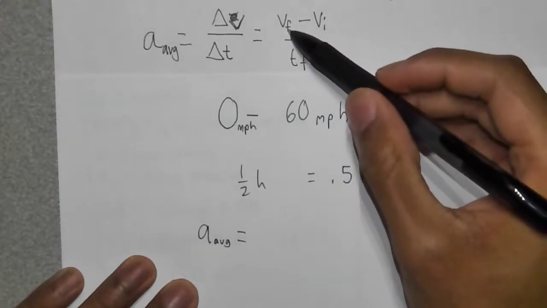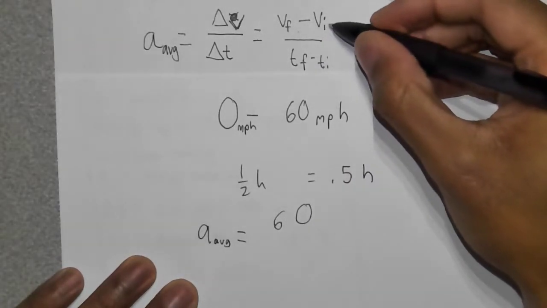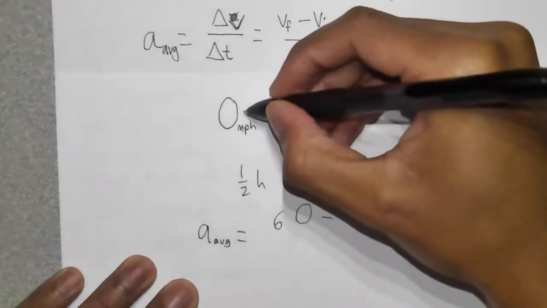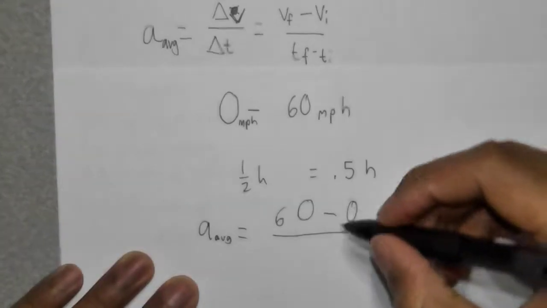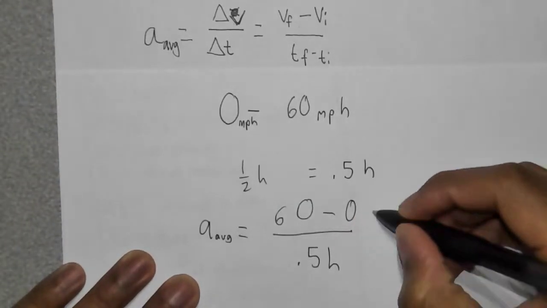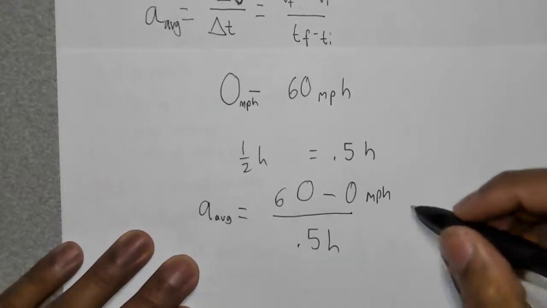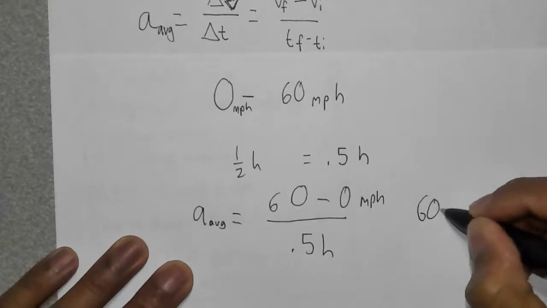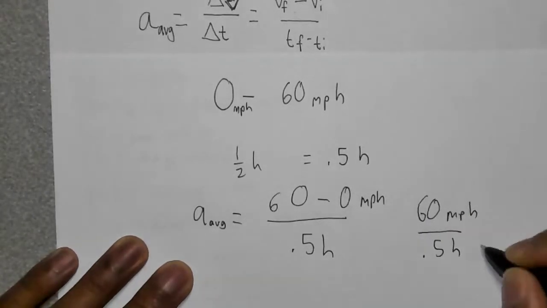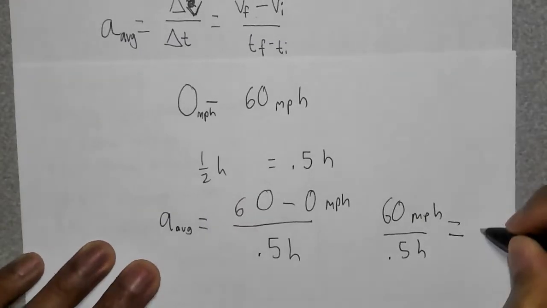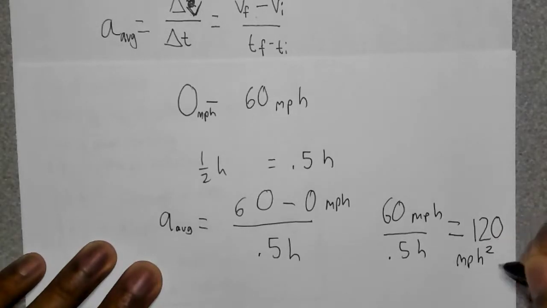So our final velocity was 60, minus initial velocity of 0, divided by change in time, 0.5 hours. So it just becomes 60 over 0.5, which just equals 120 miles per hour squared.